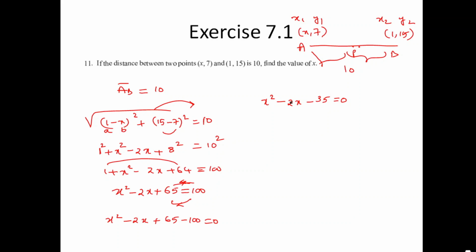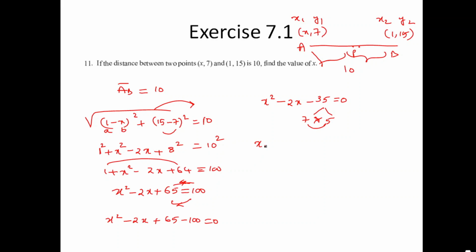Now you need to find the roots of this equation. The roots, I can write as 7 into 5 directly. And when I'm subtracting these two, I'll have to split the middle term.